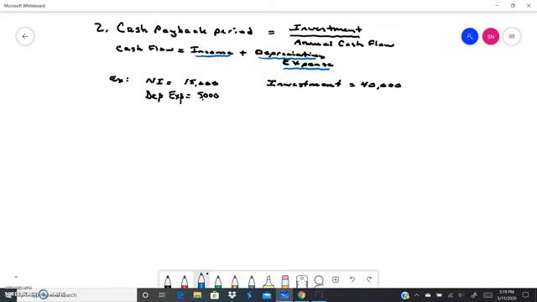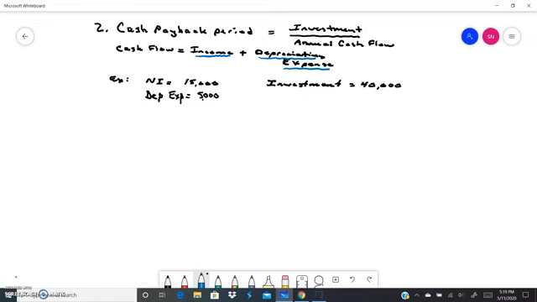Now remember, depreciation expense is a non-cash expense. There's no money that actually goes out the door. So we don't want to factor that in as a cash expense, because there was no cash leaving the company. So what we want is cash revenues and cash expenses before depreciation expense.